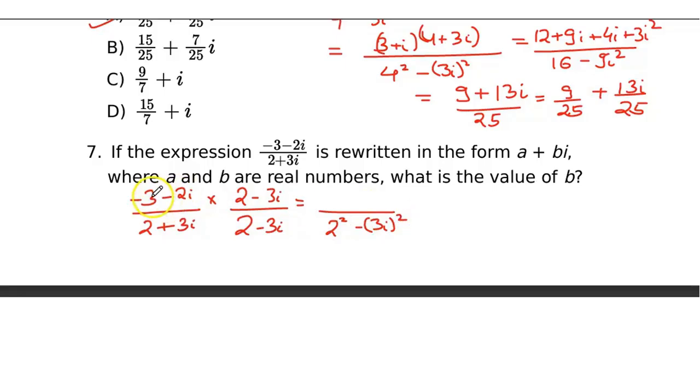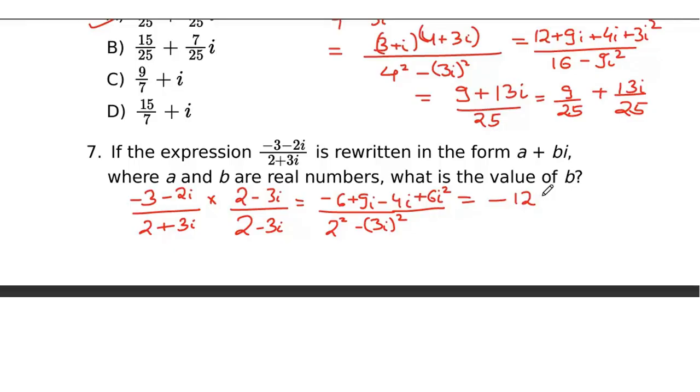we'll just multiply it. Minus 3 into 2 will be negative 6. And then minus 3 into minus 3 will be positive 9i. And then negative 2i into 2, that would be negative 4i. And then minus into minus plus 6i square. So here we have negative 6, and this will also be negative 6. So that is negative 12.